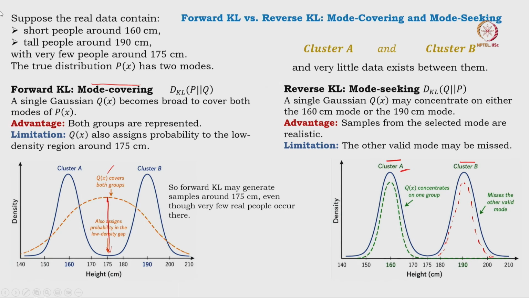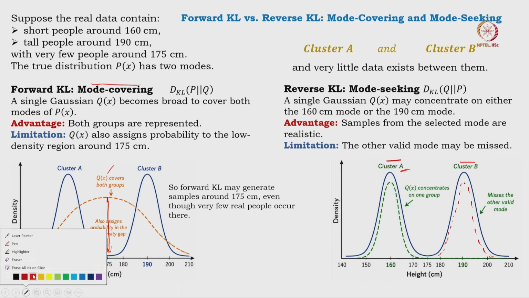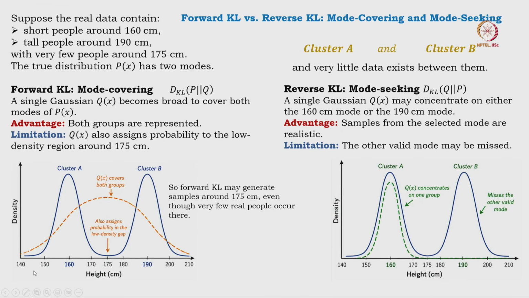So what exactly is the reverse KL behavior? A single Gaussian Q of x may concentrate on either the 160 mode or the 190 mode. So what is an advantage?